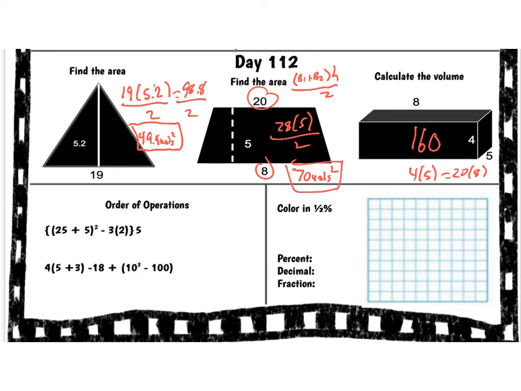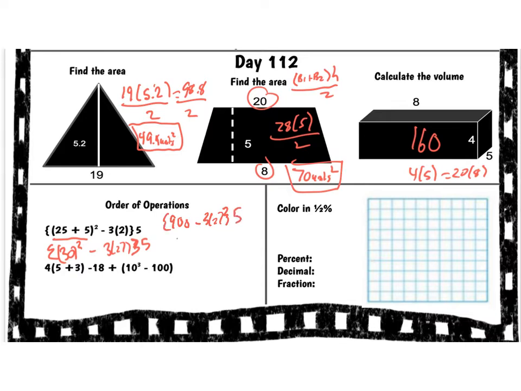Let's follow the order of operations. A lot of brackets, a lot of parentheses here, so it's a little bit different. You always have to start with the innermost bracket, innermost parentheses. 25 plus 5 is 30. Then you're going to rewrite, put the squared on there, minus 3 times 2, bracket, times 5, bracket. So if you do 30 squared, 30 times 30 is 900. 900 minus 3 times 2, bracket 5.